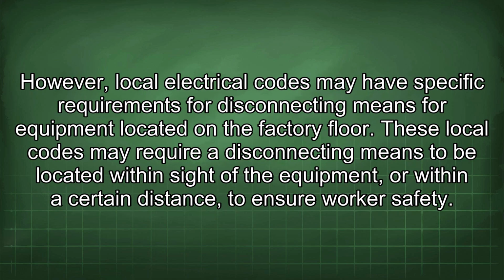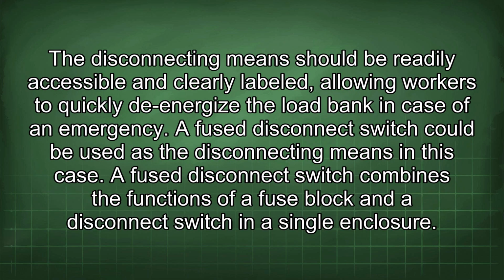However, local electrical codes may have specific requirements for disconnecting means for equipment located on the factory floor. These local codes may require disconnecting means to be located within sight of the equipment or within a certain distance to ensure worker safety. The disconnecting means should be readily accessible and clearly labeled, allowing workers to quickly de-energize the load bank in case of an emergency.